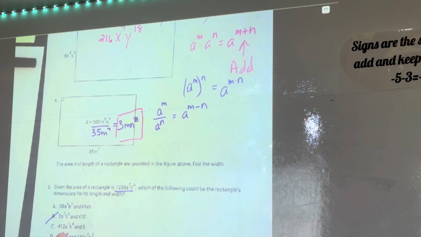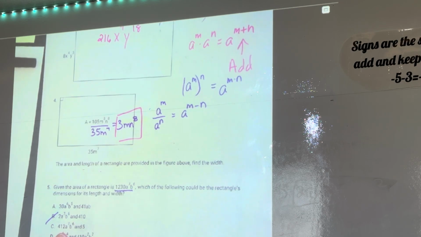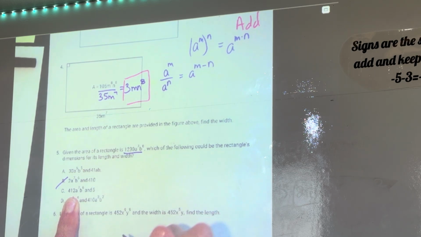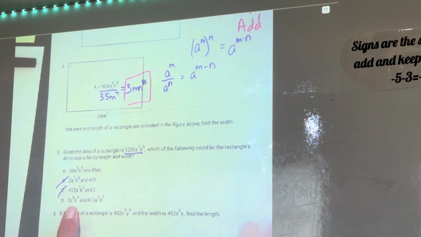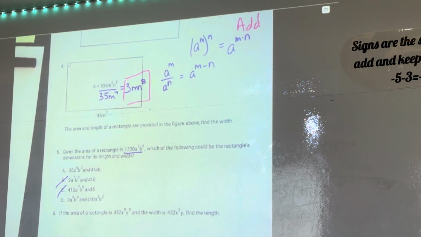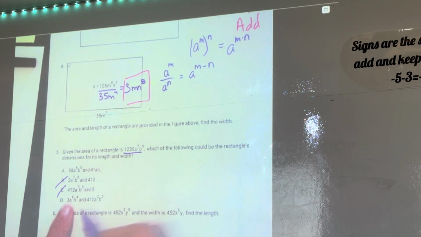On C, what do you get, 5 times 412? 2,000 something, so that's not it. And then last, Avery, what is 410 times 3? 1,230. Yep, so that one works.